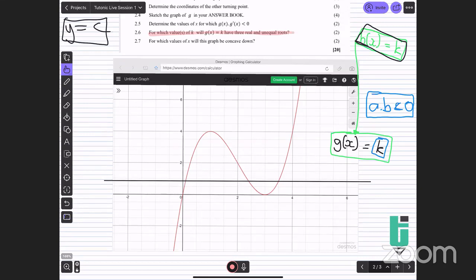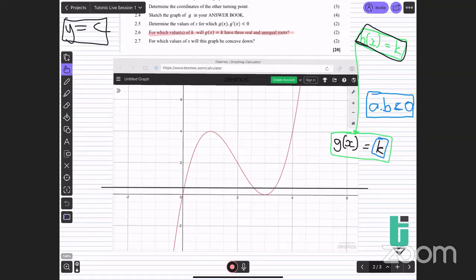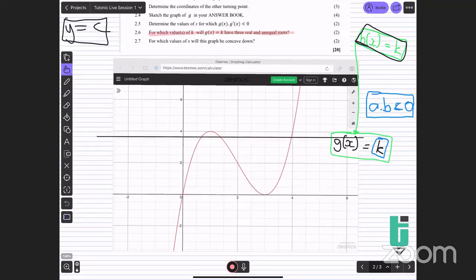Isn't it that k must be more than 0 and less than 4? Less than 4.